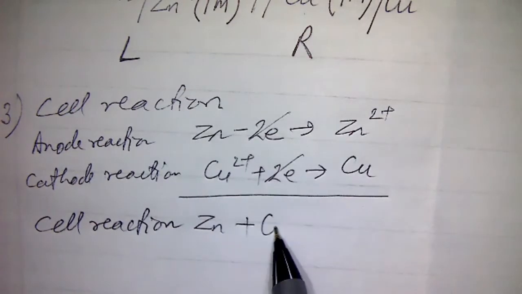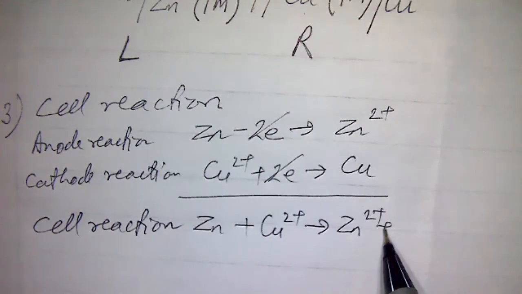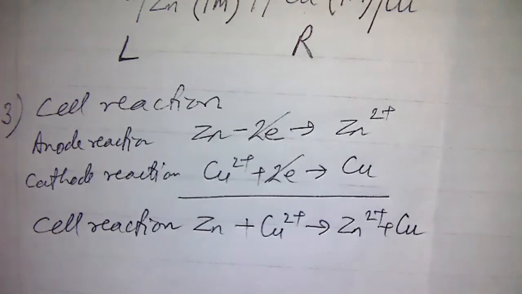Zinc combines with Cu2+ to form Zn2+ and Cu. Understood? So the cell reaction you can easily get: write the anode reaction, cathode reaction, make the number of electrons equal, and then add them up. That is the only thing you have to do.